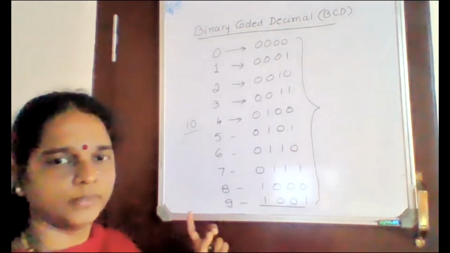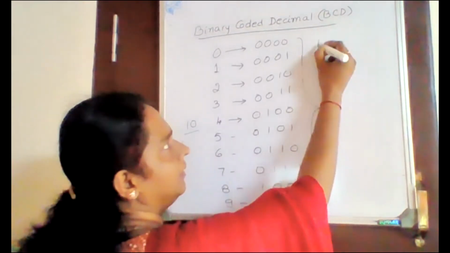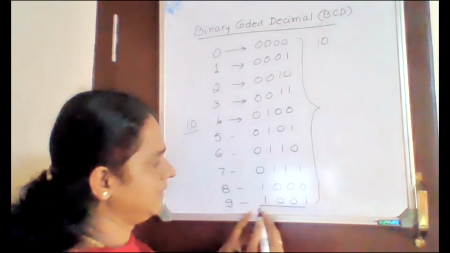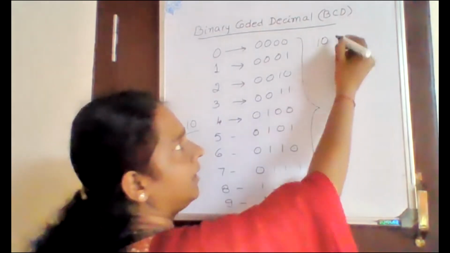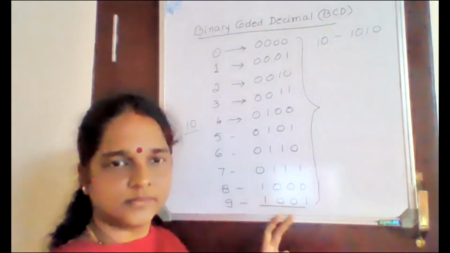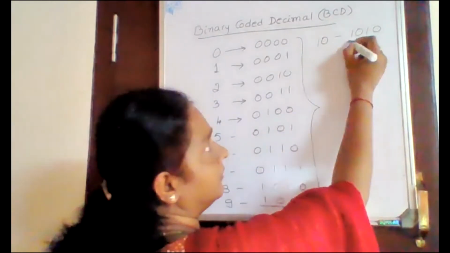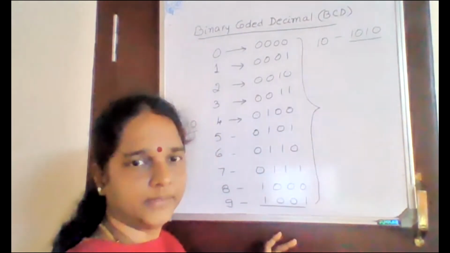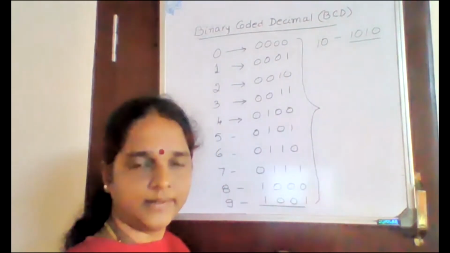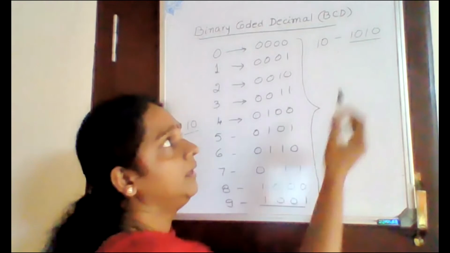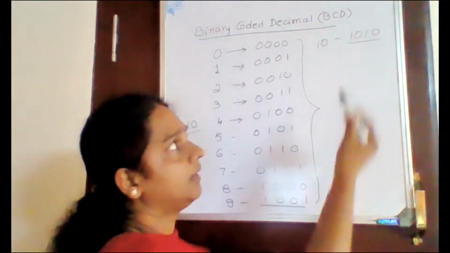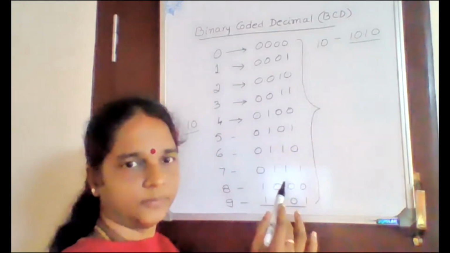After 9, to represent decimal 10, actually in binary we have 1010. But this is not a valid number in BCD. This 1010 is not valid in BCD, but in binary, to represent decimal 10, we write it as 1010.